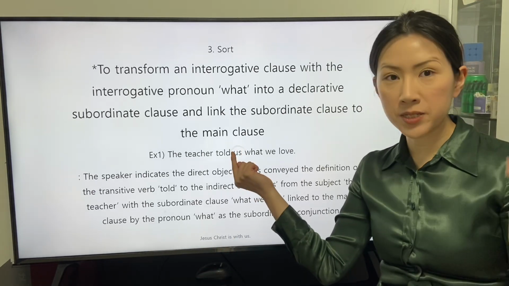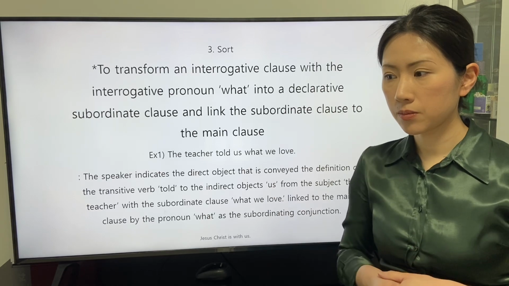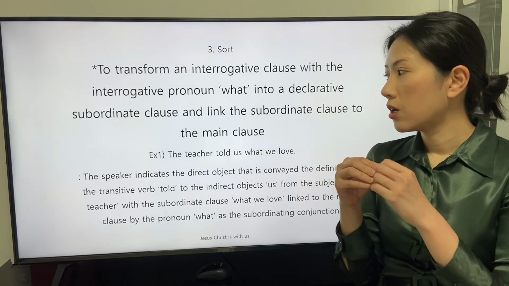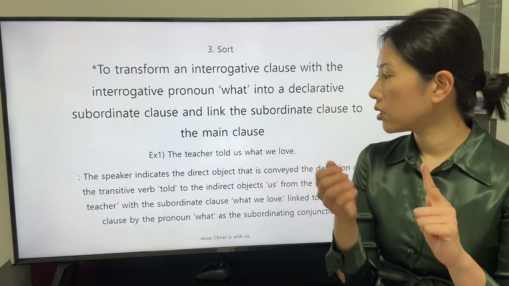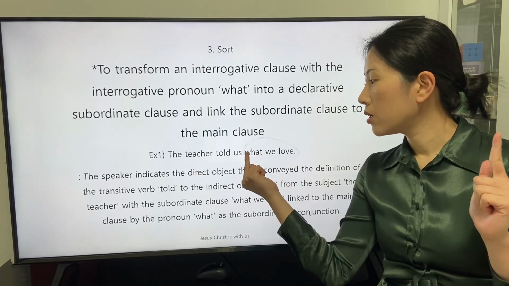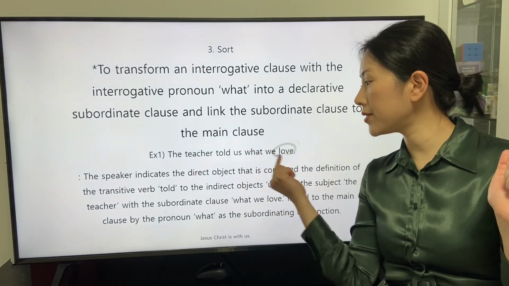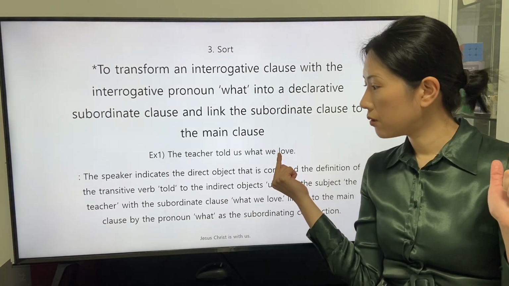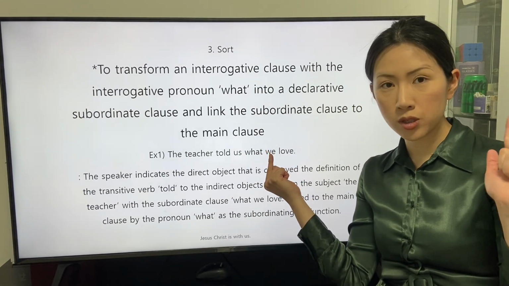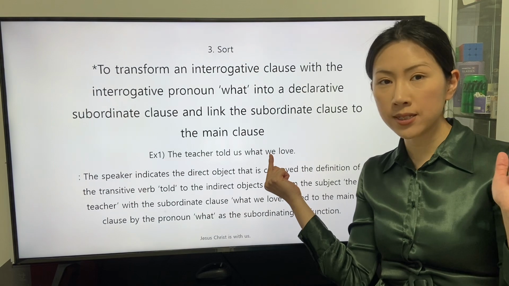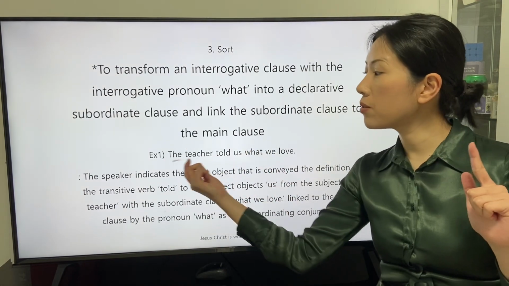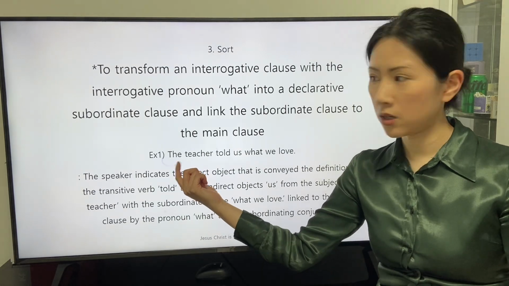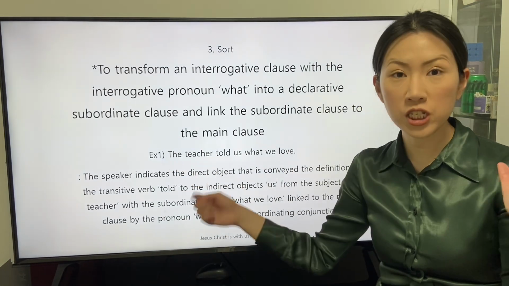The indirect object, us, receives the definition of the transitive verb told and the object of the transitive verb love from the subject to include the speaker, both from the subject of the sentence, the teacher.